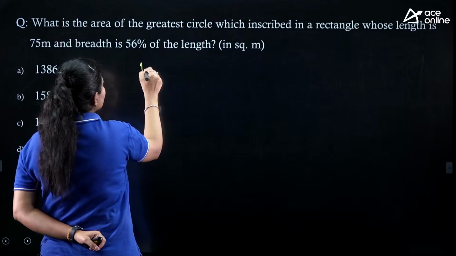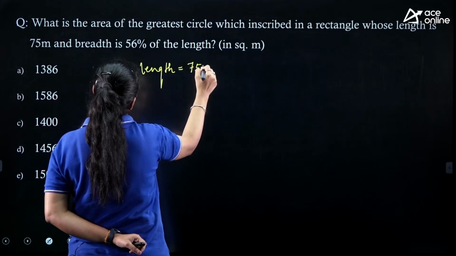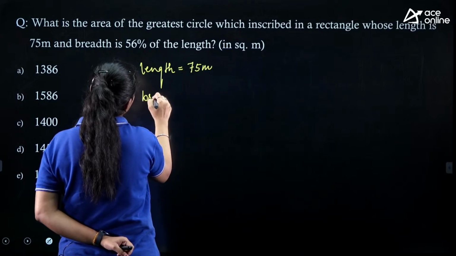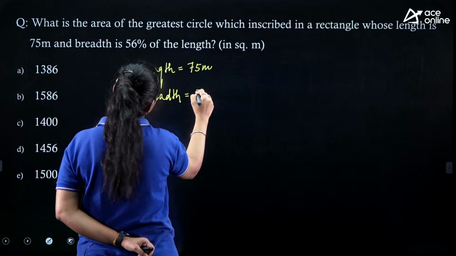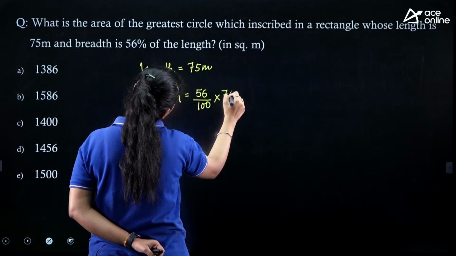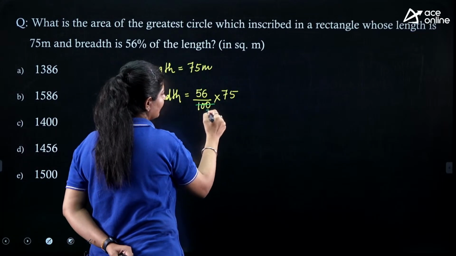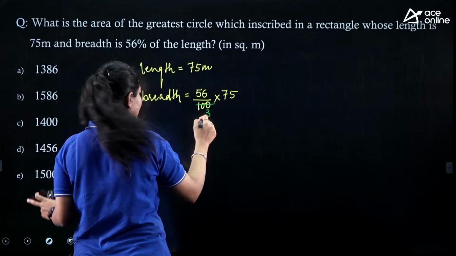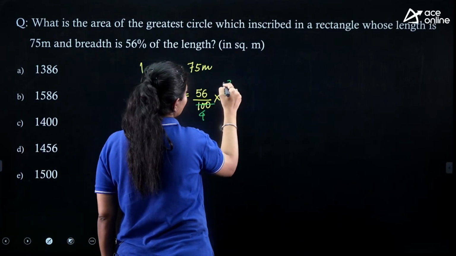According to the question, the length that we are having is 75 meters. Can we calculate the breadth? Yes, this is nothing but 56% of 75, the length. So we can say that here we are getting 4, here we are getting 4 and here we are getting 3, right?